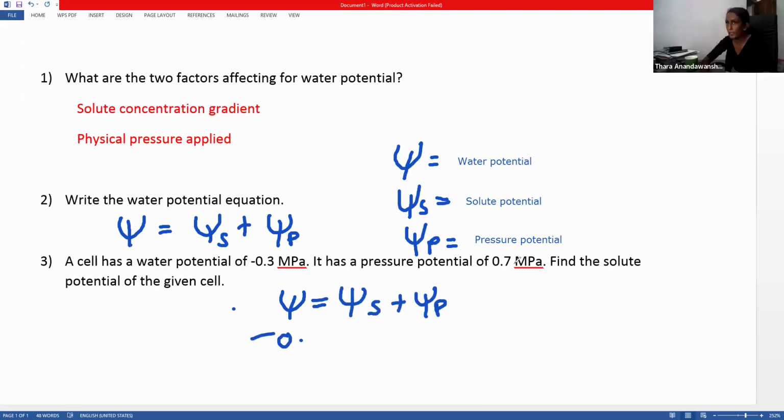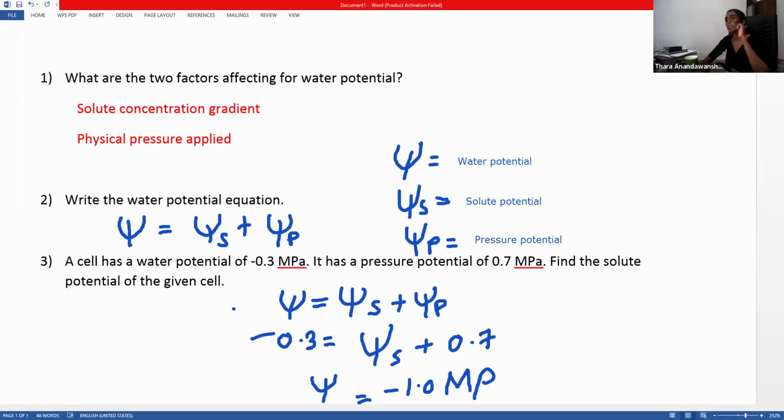Minus 0.3 is equal to psi s plus, 0.7. So you are getting the value of psi s equal to minus 1.0. Am I correct? What's the unit here? Megapascal. Yes, yes.